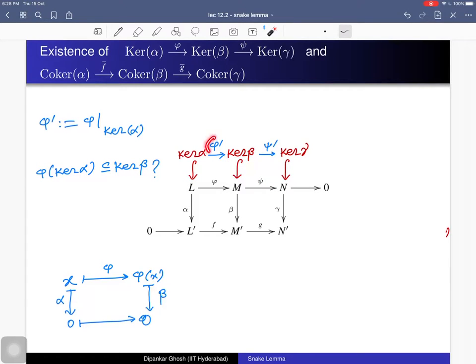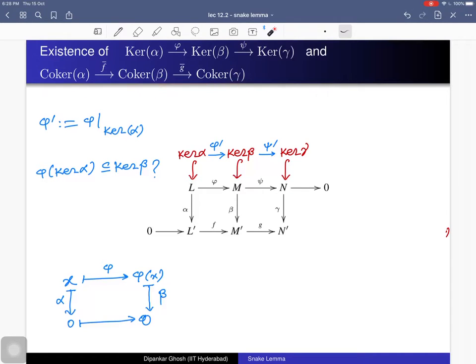So, we have phi prime and psi prime, and next one can verify that this sequence is exact at this point. Kernel of psi prime is the same as image of phi prime, and it follows from the fact that this sequence is exact at M. I will leave this as an exercise.